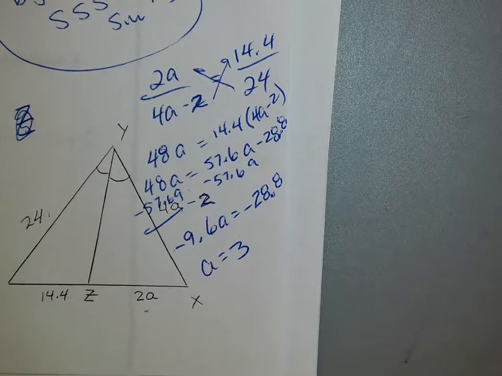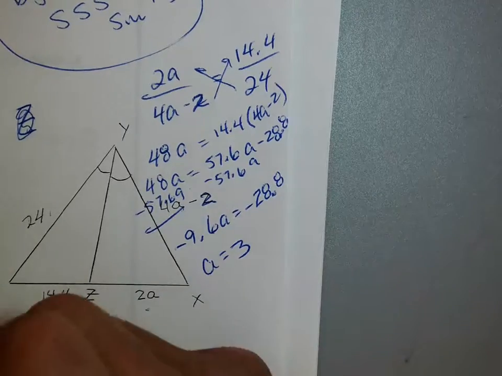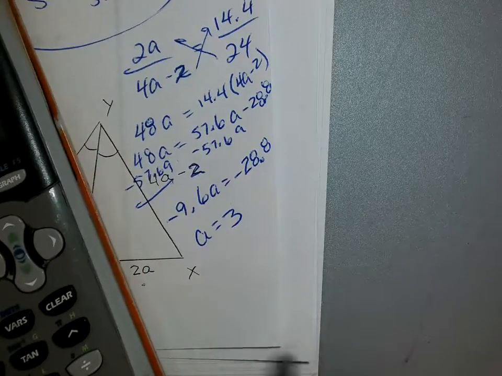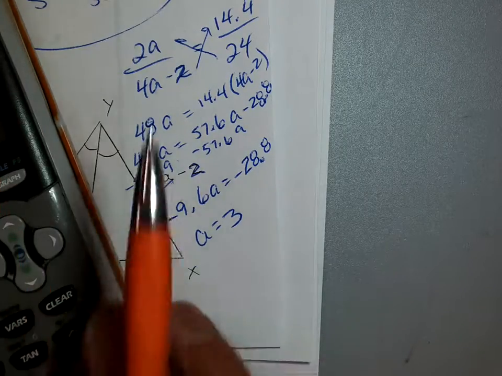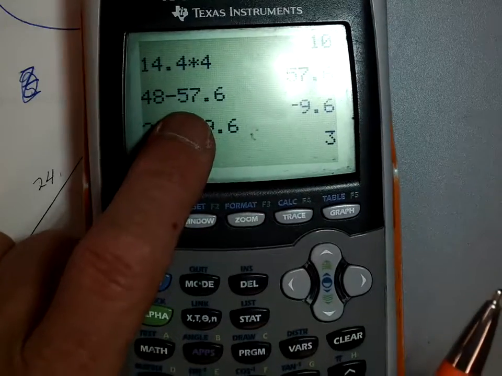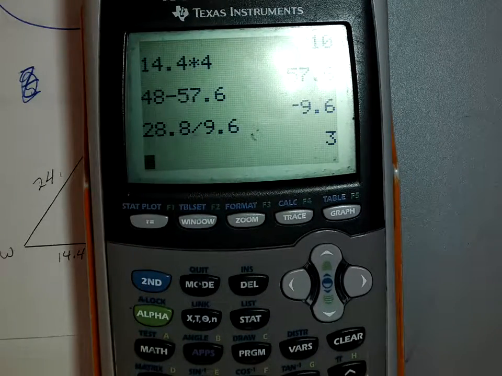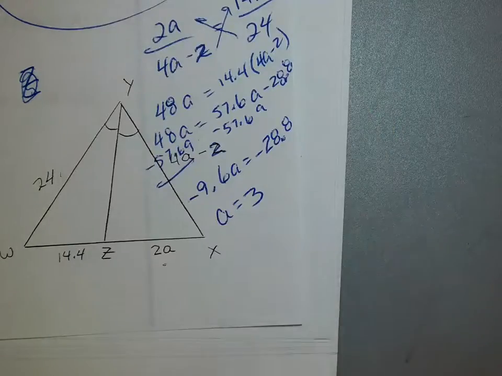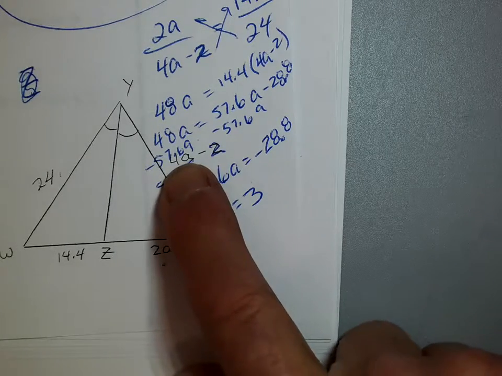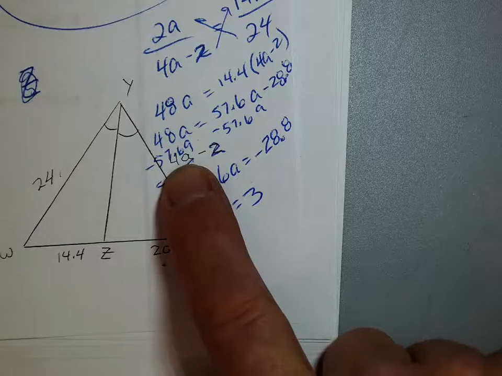You've got to subtract like the top number. Well, here, I'll just do it on my calculator. There it is right there. Let's say that you owed me $57.60, and you give me a payment of $48.